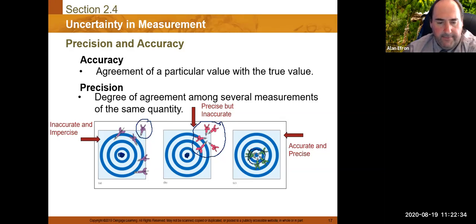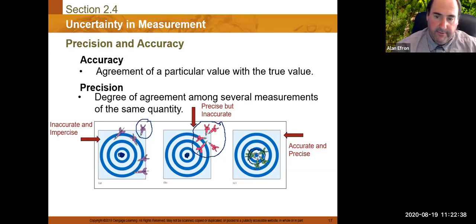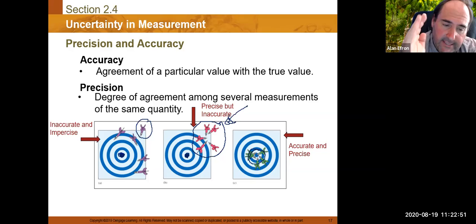So you can see a couple of things here. If you're accurate, you probably will be pretty precise, and you could be very precise, like over here, and not so accurate at all. What that means is, for example, you could do something consistently the same, but it could be wrong every time. You do it the exact same way and end up with the exact same answer, so you're very precise, but not very accurate.